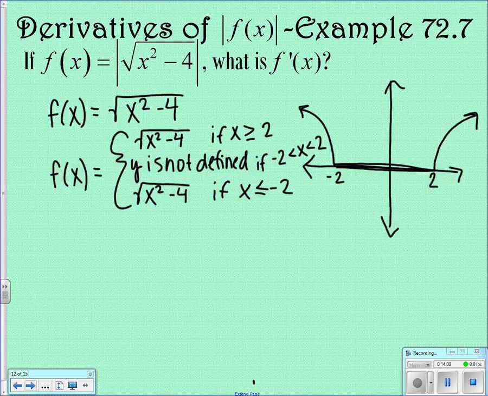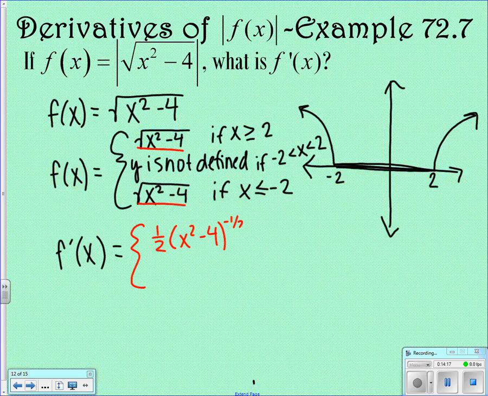So now we just take the derivative of each part. And if you notice, since this function and this function are the same, we can take the derivative of it. We would have 1/2 and then x squared minus 4 to the negative 1/2 and then times 2x.